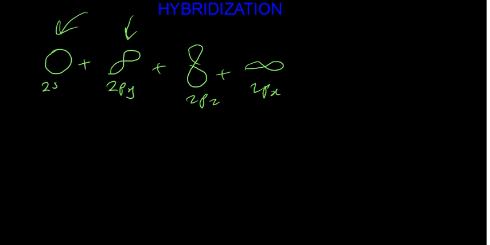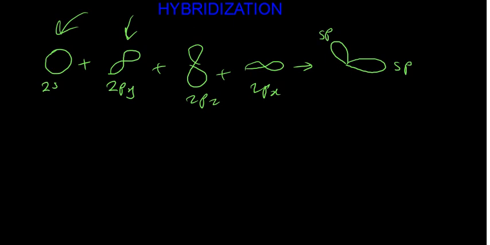So the orbital that we are going to form then will look something like this. So this is an sp hybrid orbital. This is also an sp hybrid orbital.